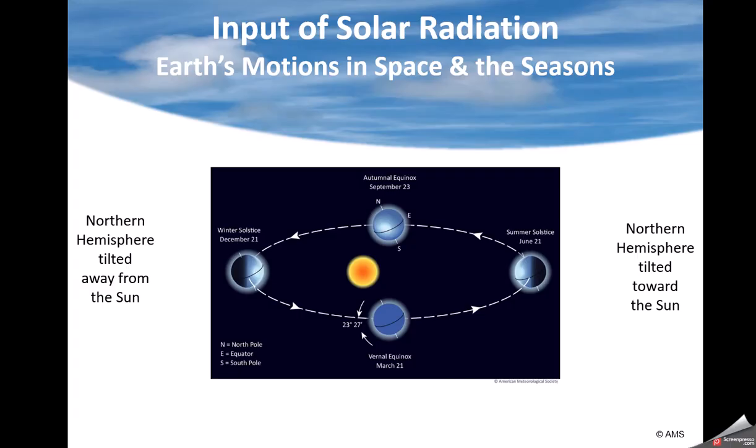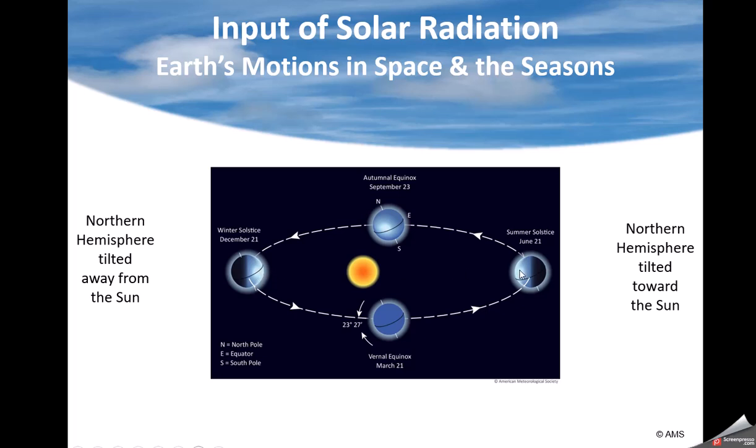You can see this as the sun is in the center and the earth is rotating around it. So as the earth rotates, here's the sun. In the wintertime, it's tilted. The southern hemisphere is tilted more towards the sun, so it is receiving more direct sunlight.